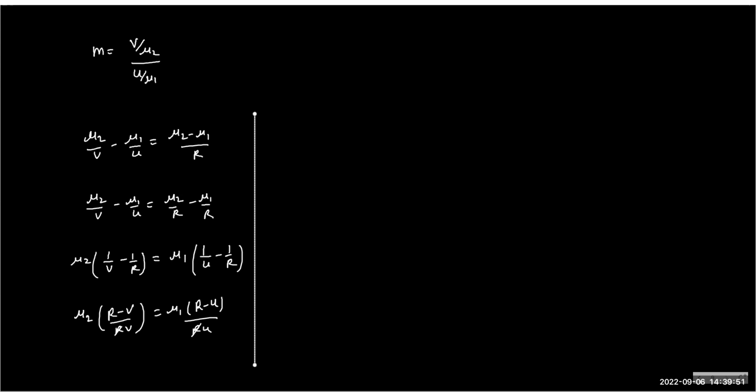So this is a very famous way of writing. So mu2 by v is r minus u by r minus v, and this is how much into mu1 by u. This is mu2, my bad. Mu1 by u.